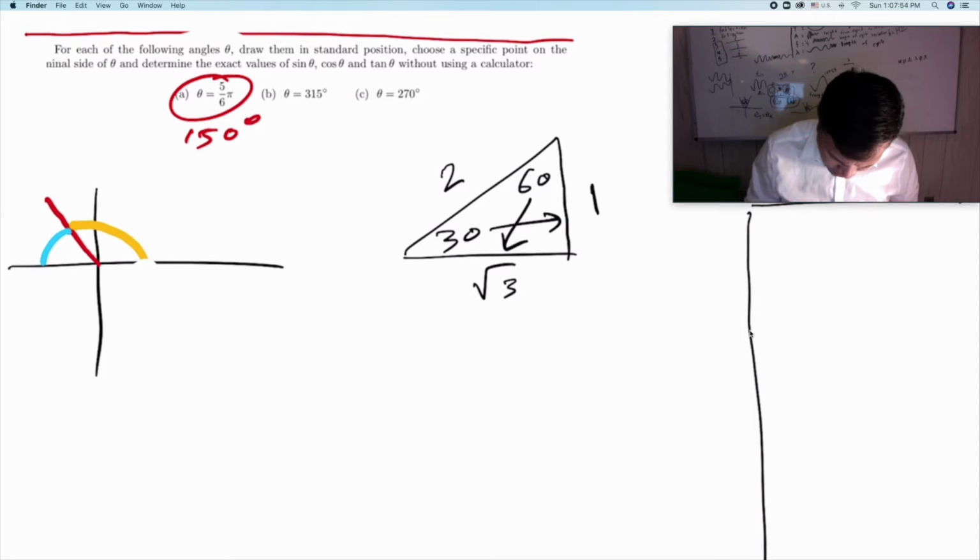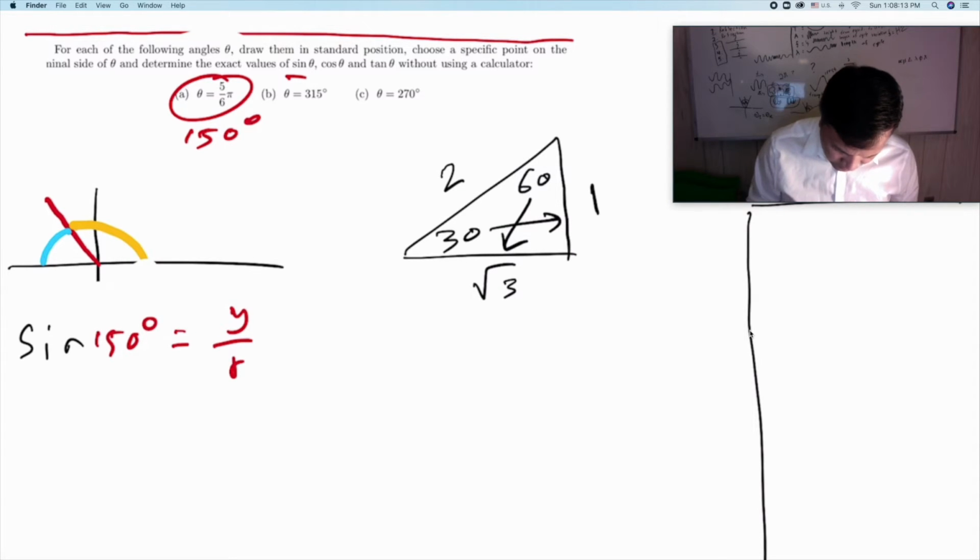All right, then first we're going to do sine. So sine theta, or in this case sine 150 degrees, is y over r. We know what y is, and since it is the second quadrant, sine is positive.